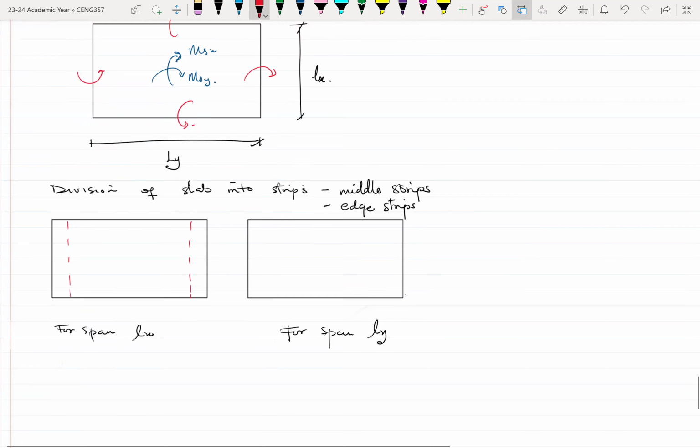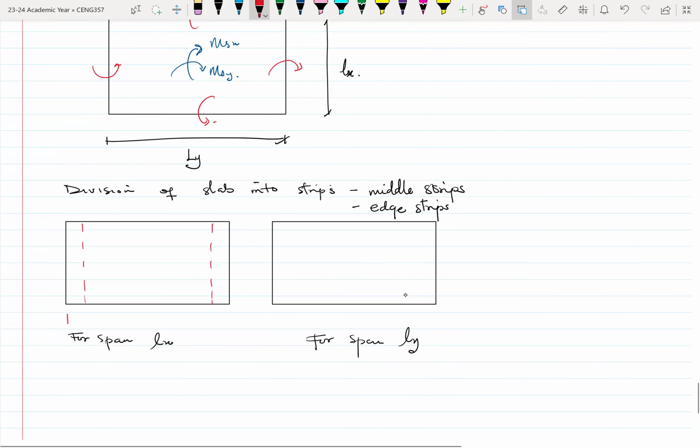So the distances for the edge strip: it is 3/4. No, 3/4 is in the middle.